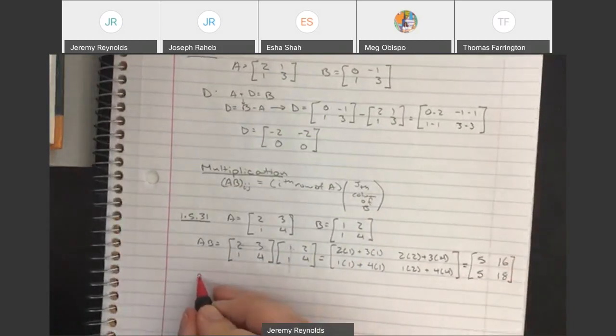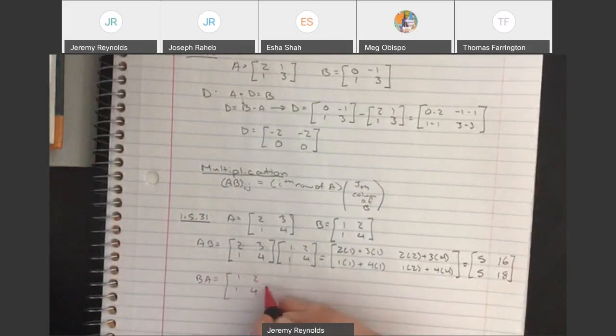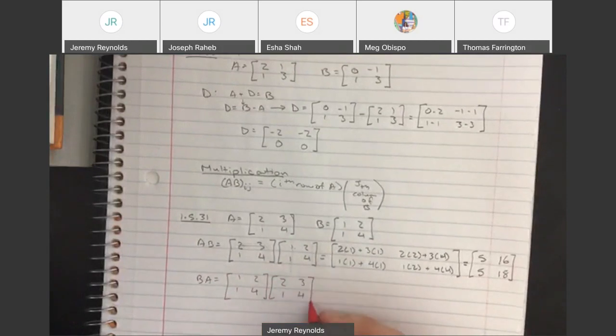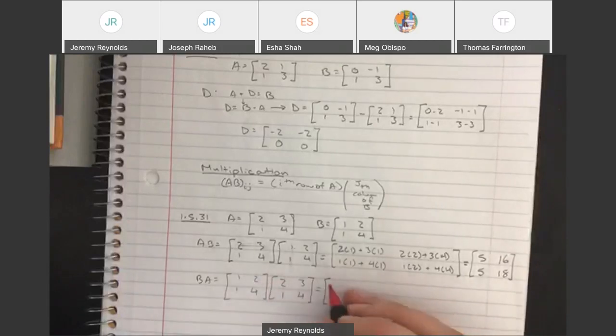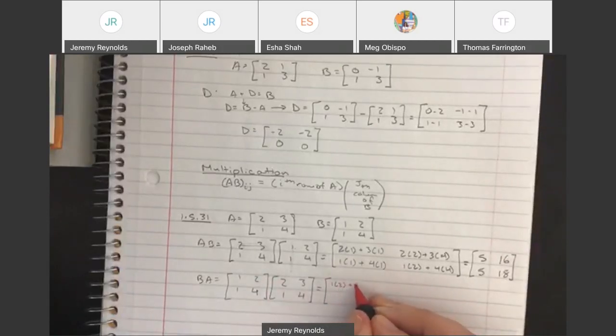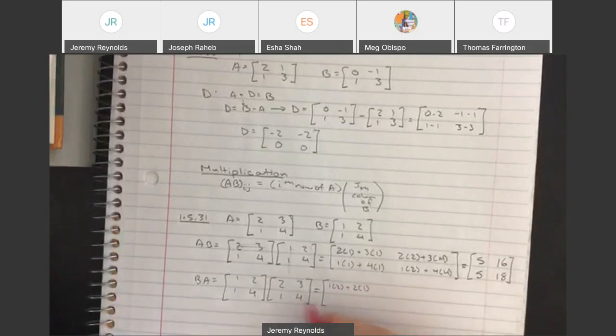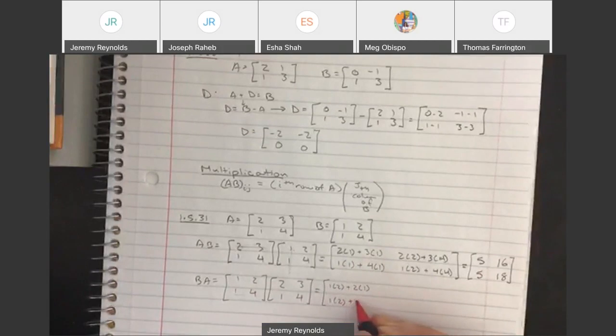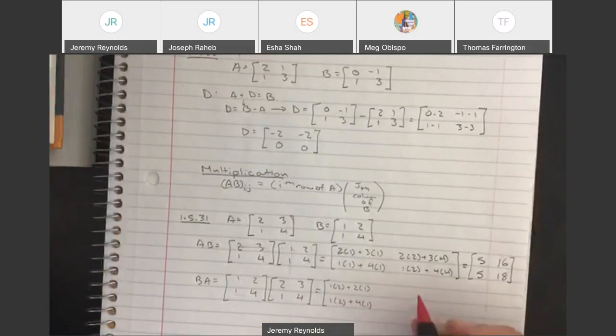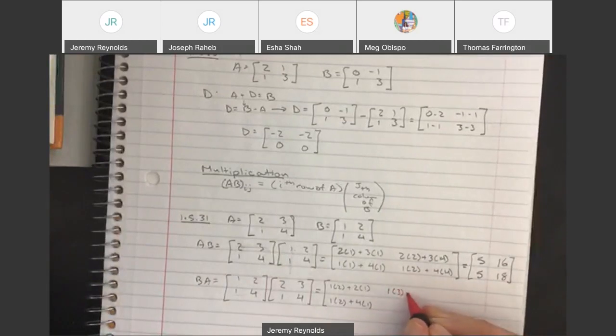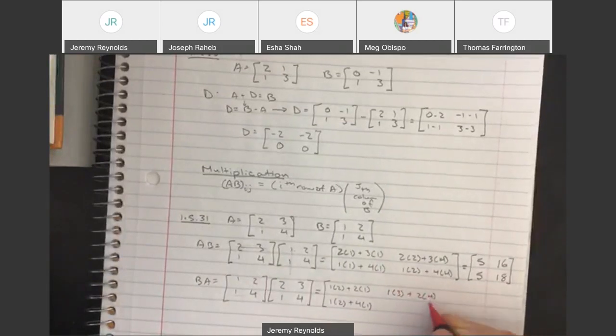Now notice if we do BA, we will not get the same answer. So this process is not commutative. Doing the same thing, we get 1 times 2 plus 2 times 1. We get 1 times 2 plus 4 times 1. And then we get 1 times 3 plus 2 times 4.